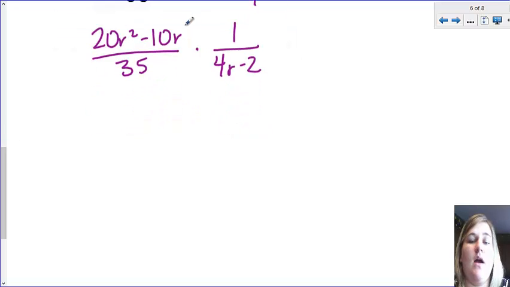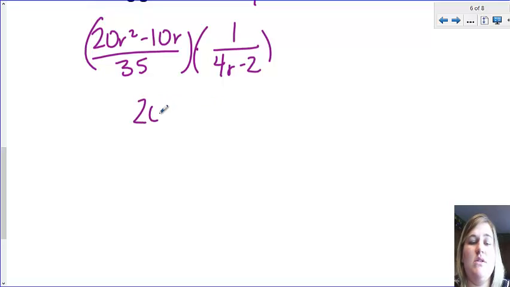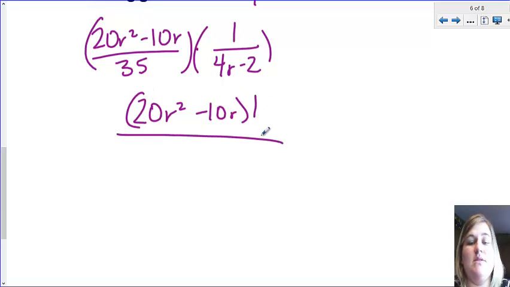Now again, I'm multiplying this quantity times this quantity, just like before. So I have 20r squared minus 10r times 1, okay, which is going to be itself. And then I have 35 times 4r minus 2.